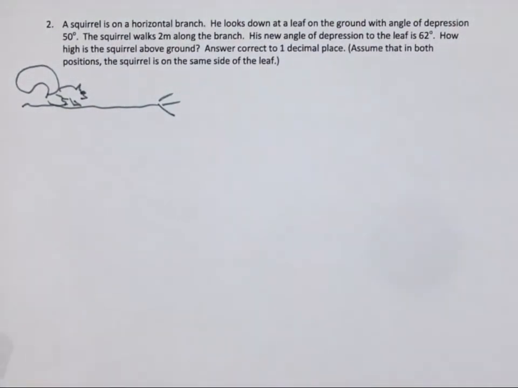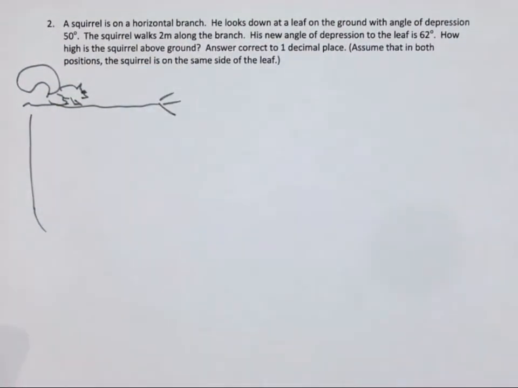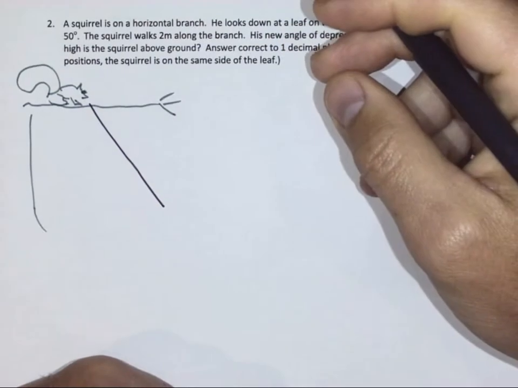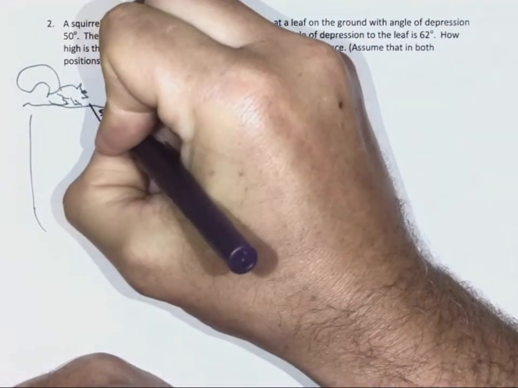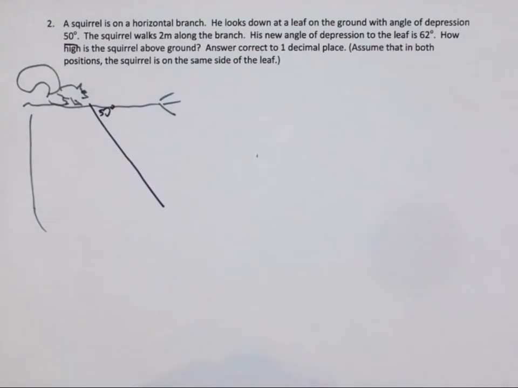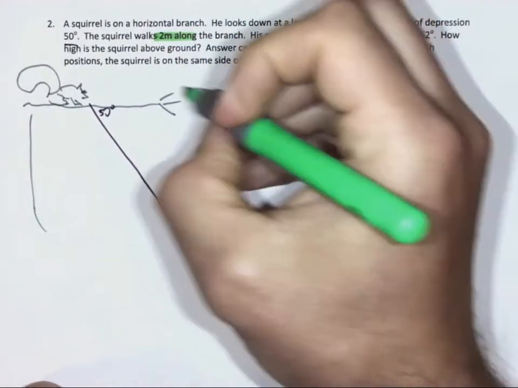On our branch. And we've got them looking down at an angle of depression of 50 degrees. They walk 2 meters along the branch.